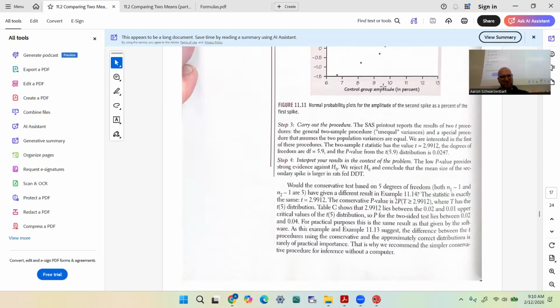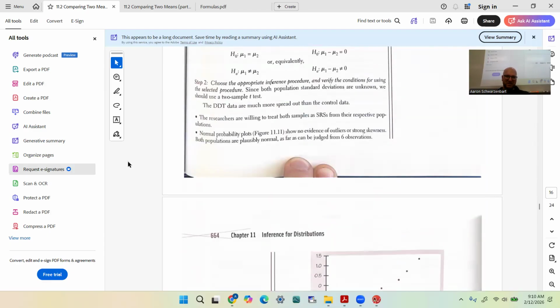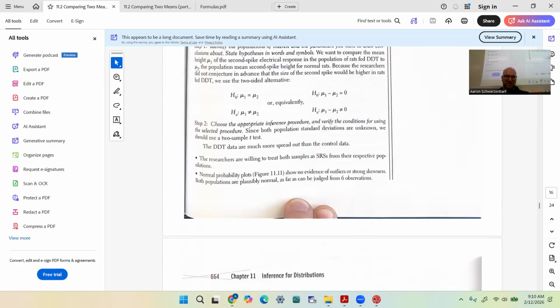They should not be saying larger. It is different in rats fed DDT. They maybe should have said it increases it, mu1 is greater than mu2. But based on what they said for hypotheses, they should be concluding it is different.